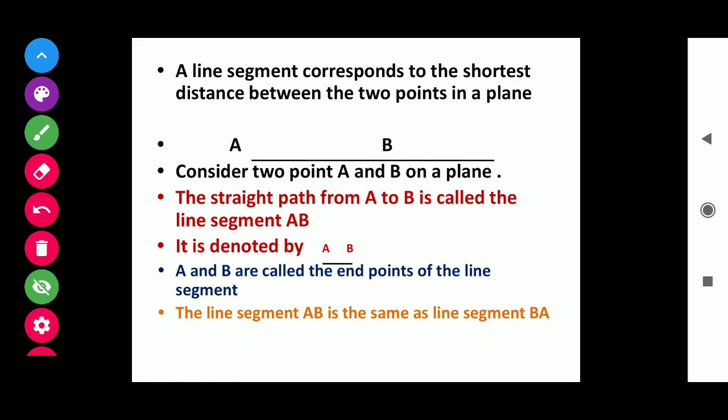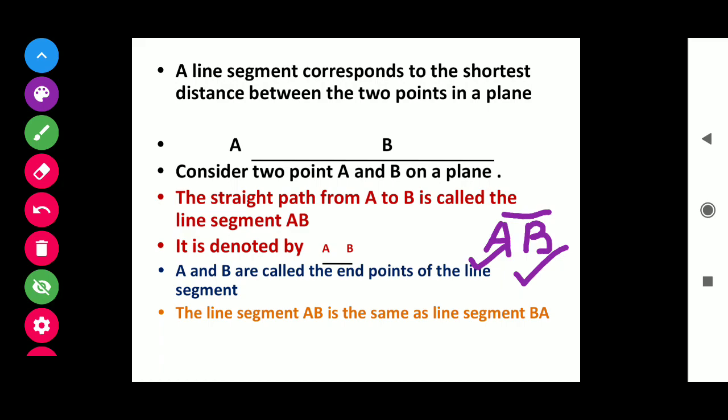And how can it be denoted? A line segment can be denoted like this. When you want to show the line segment, you have to do like this. It can be read as line segment AB. A and B are called the ends of the line segment.